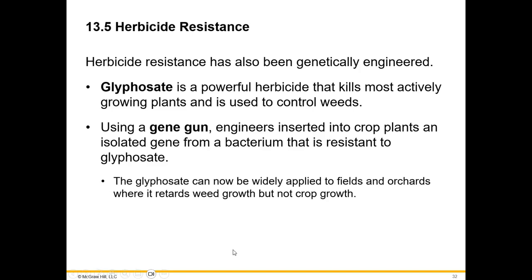So basically, take that gene that is resistant to glyphosate from the bacteria that are unaffected by that herbicide, insert that gene into our target crop cells, and now suddenly our crop plant will be unaffected by the application of glyphosate, which means we could potentially apply glyphosate to the whole field, and it's only going to kill or slow the growth of the weeds. It's not going to have an impact on the growth of the target crop plants.